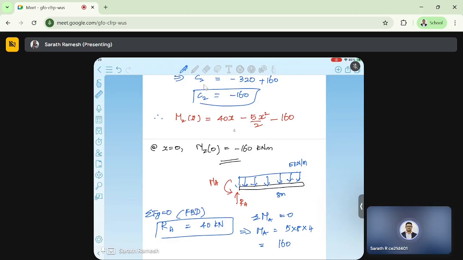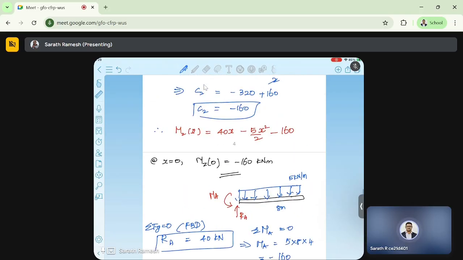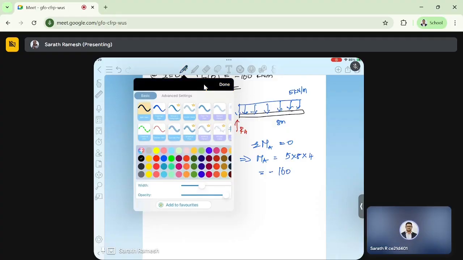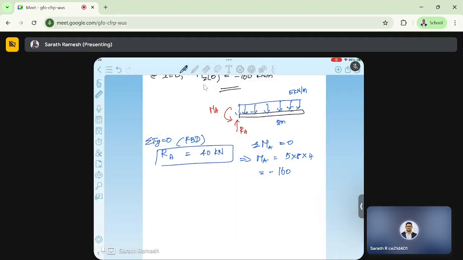Now about the sign, negative sign, right? By the way, I didn't explain what this negative means. This negative means hogging moment. As per the sign convention for bending moment, positive bending moment means sagging curvature, and negative means hogging curvature.